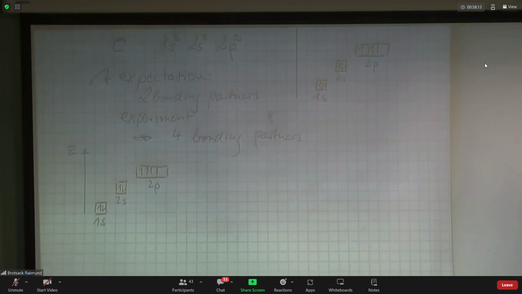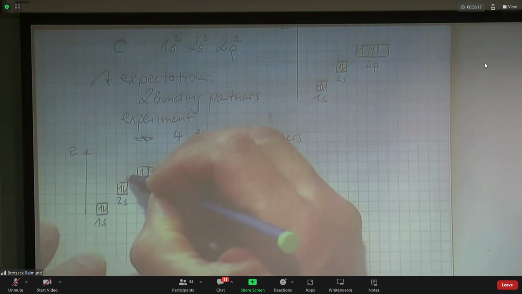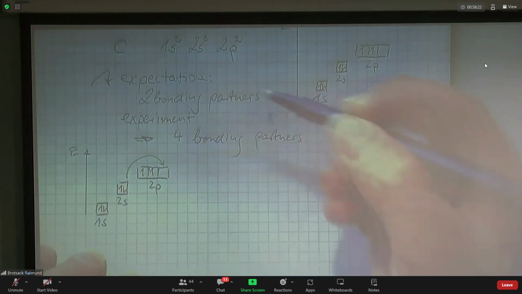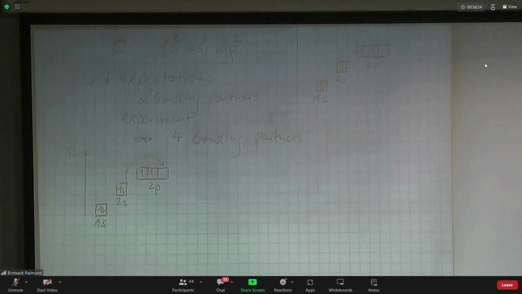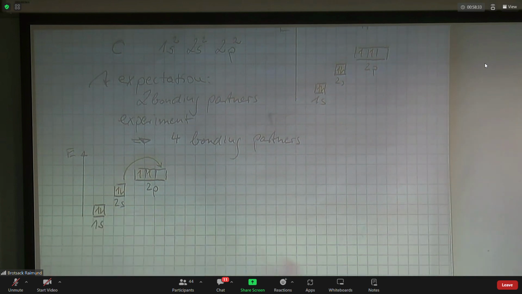What happens now is what we call excitation. One electron of the 2s is jumping up into the pz orbital, and in the same step, the 2s and the 2p will equilibrate in terms of energetic level.